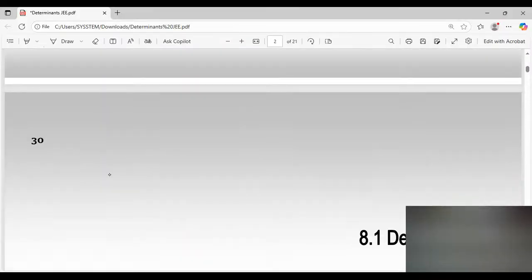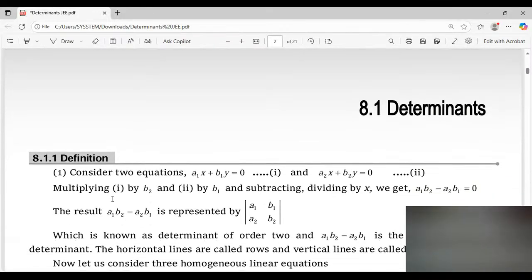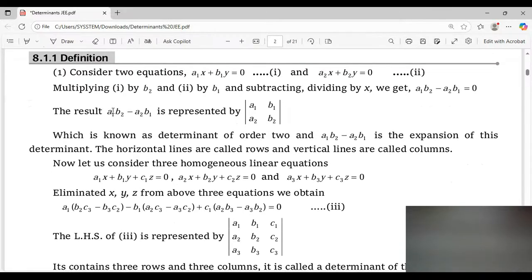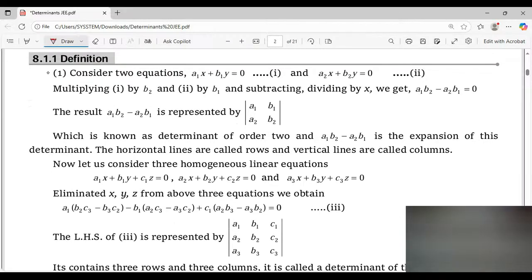So let's see here the definition of the determinant. Consider two equations: a1x plus b1y equal to 0, this is equation number 1, and a2x plus b2y equal to 0, this is equation number 2.